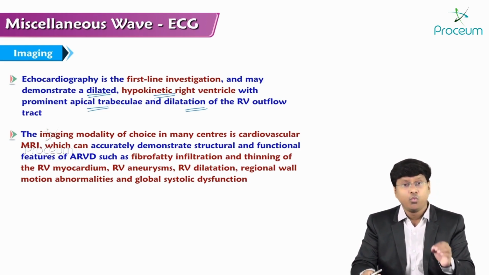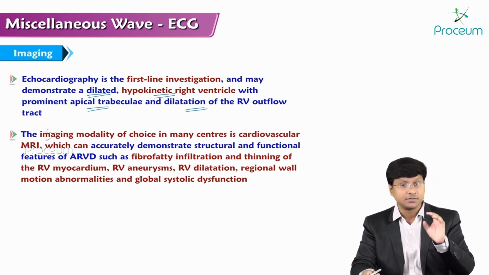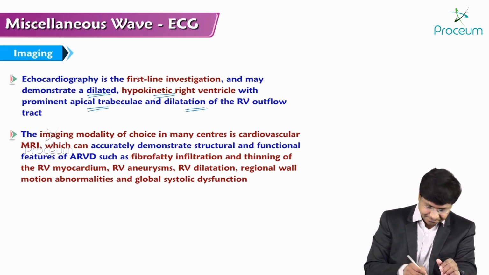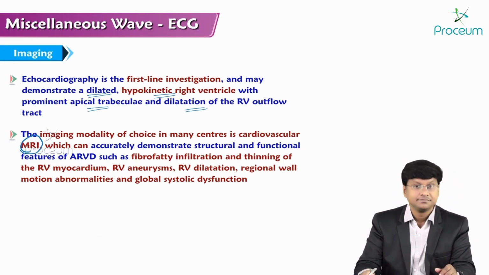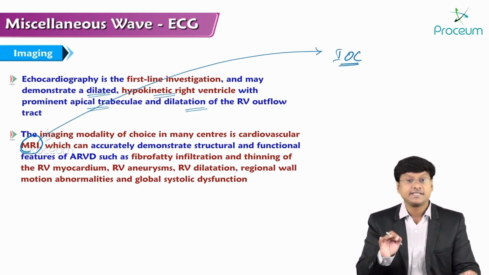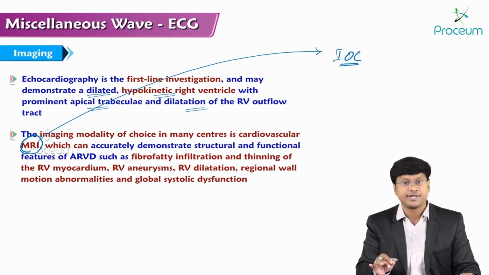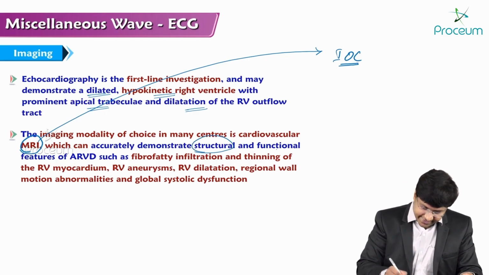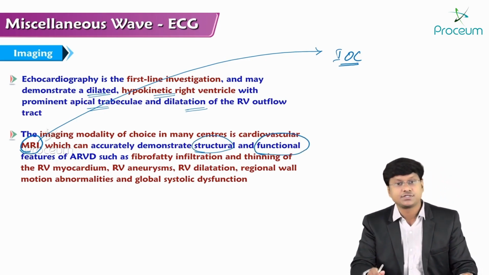And what is the imaging study which will confirm the diagnosis? That is your MRI. MRI is the investigation of choice, right? This MRI can accurately demonstrate the structural as well as the functional features of arrhythmogenic right ventricular dysplasia. Now, what are those structural changes?